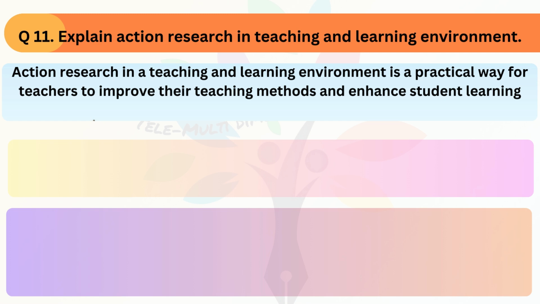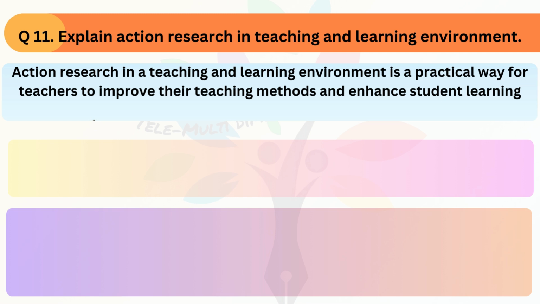Action research in a teaching and learning environment is a practical way for teachers to improve their teaching method and enhance student learning. In short, action research in teaching is when teachers actively study and improve their teaching method to help students learn better. So how is it done?